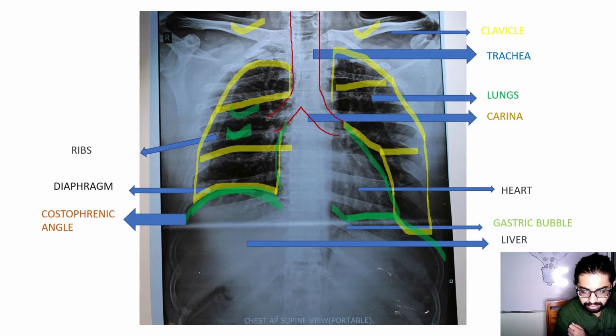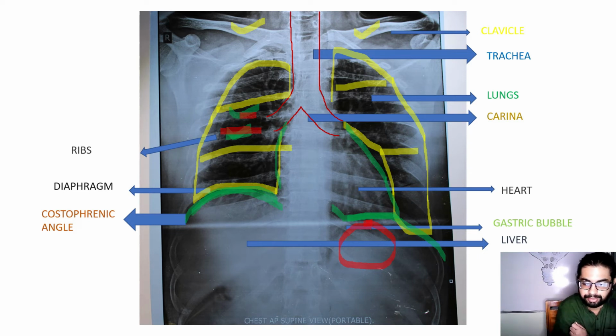These are ribs. Diaphragm I have already mentioned. Here we find the gastric bubble, and this bubble is clearly visible in posterior anterior view rather than this anterior posterior view.